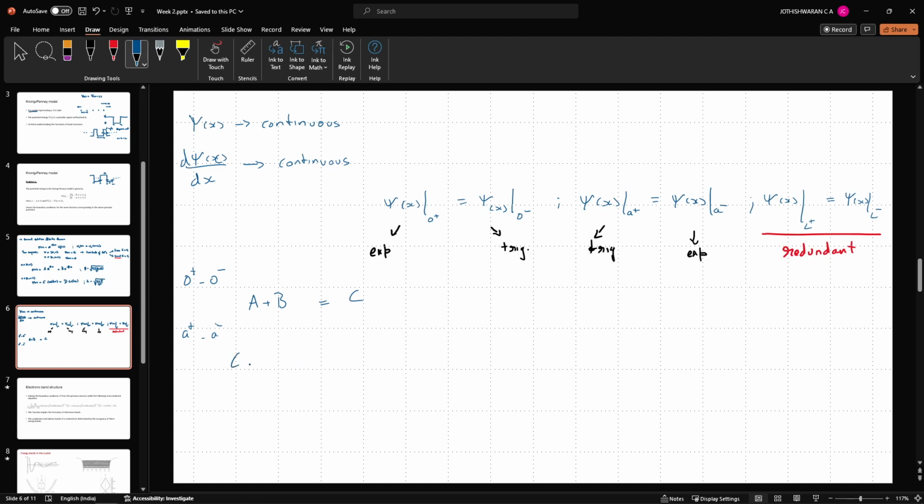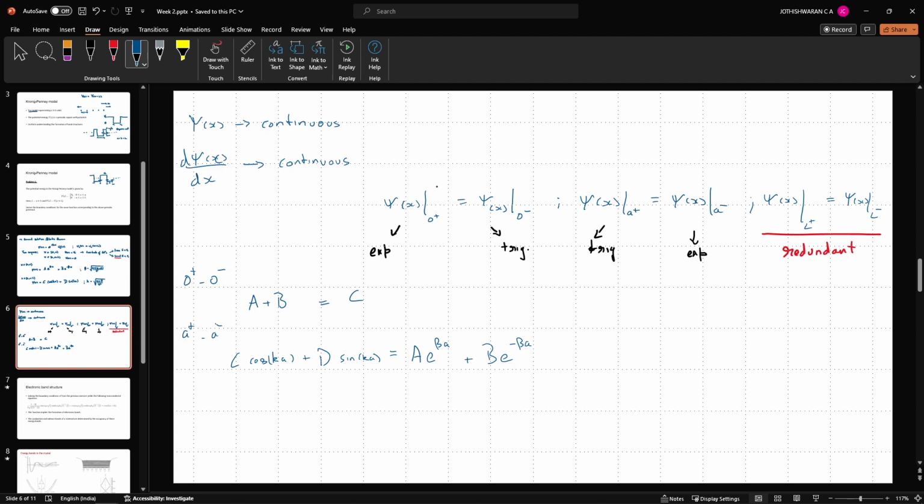So that implies c cos ka plus d sin ka should again be equal to A e to the power beta a, small a, plus B e to the power minus beta small a. So this is the second set of boundary conditions.